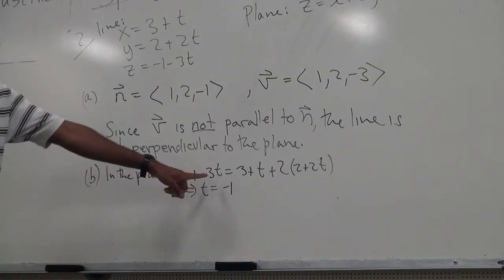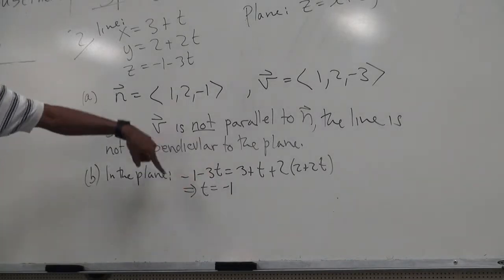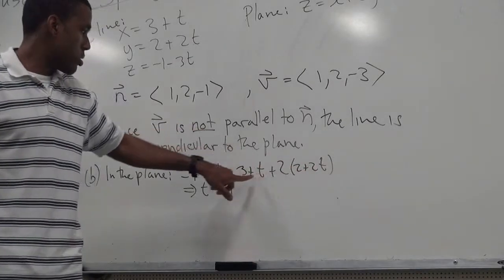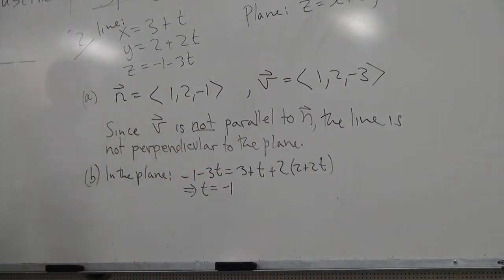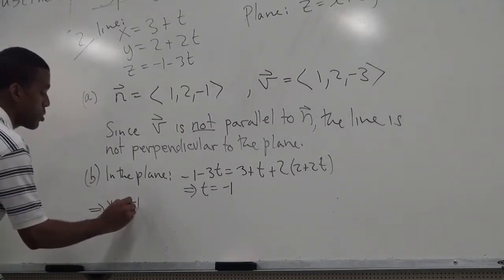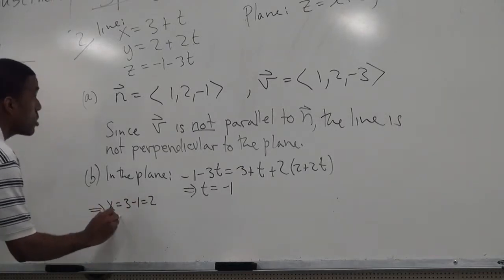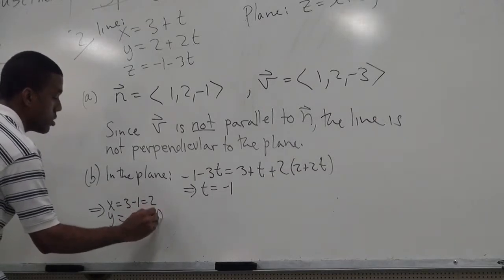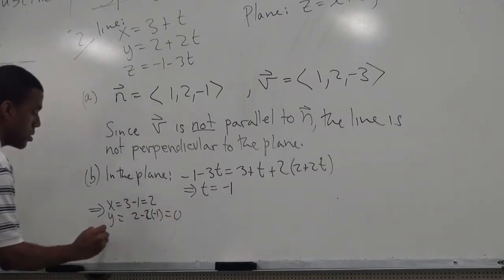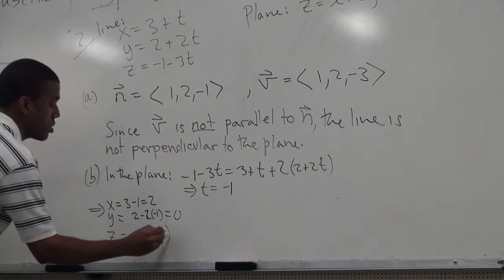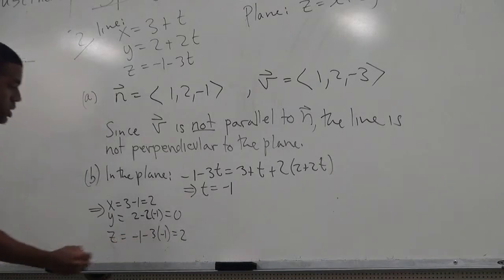Okay, so if you plug in minus 1 here, that would give you 2 on this side. Just give you minus 1 here, would give you 2 on that side. Yeah, so t equals minus 1, and so this means x would be 3 minus 1, y would be 2 minus 2, z would be minus 1 minus 3 times minus 1, which is again 2.